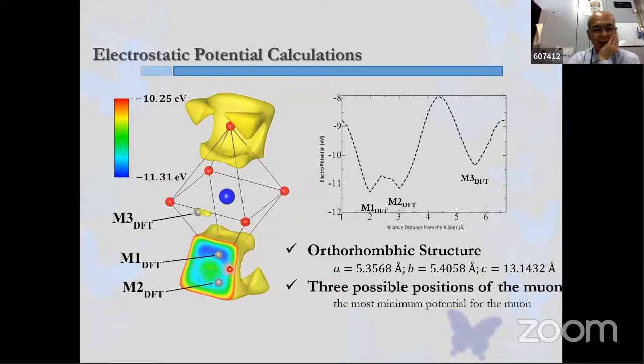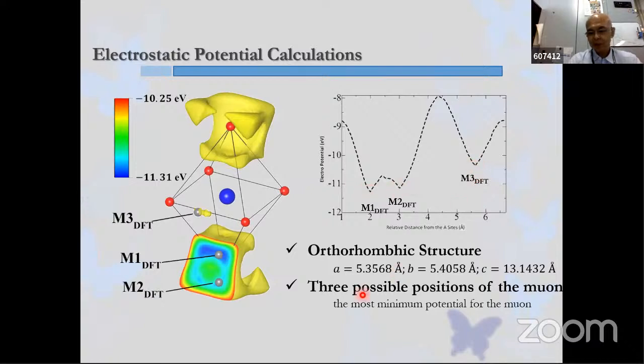Around this unit structure, we can see local minimum potential positions like this, like a chair. Inside here we definitely have a local minimum potential position. There are three positions like that, which we name M1, M2, and M3. These are the deepest positions.